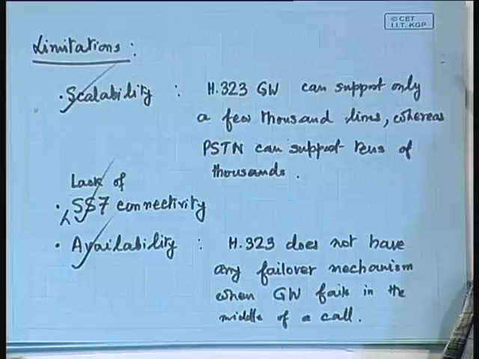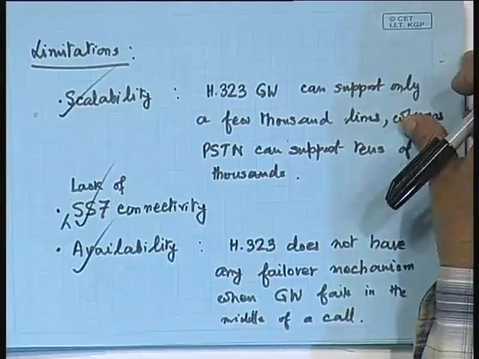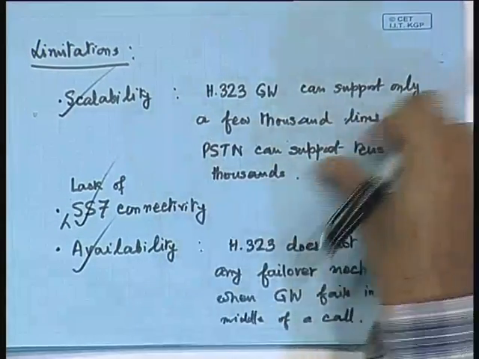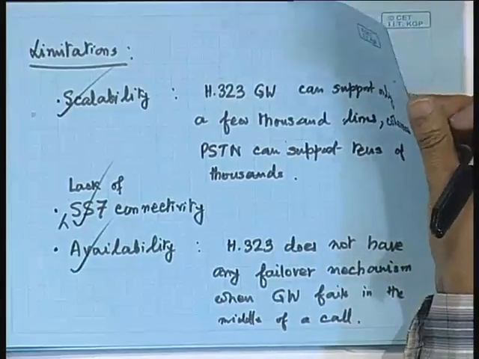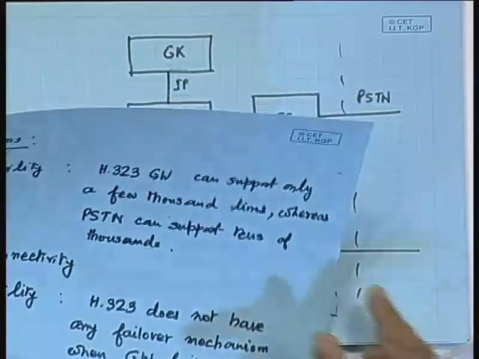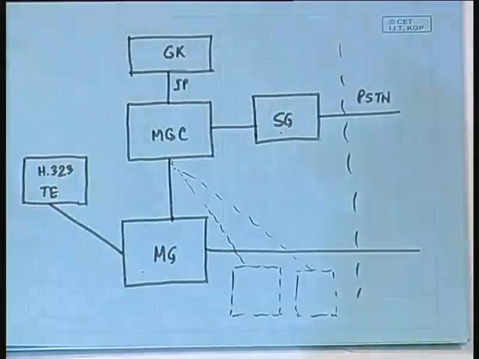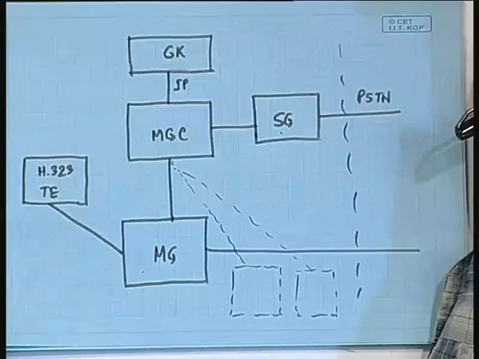Availability can be ensured by having multiple MGCs. And the fourth point is of course the user friendliness: if the SS7 connectivity is ensured, then even one stage dialing should also be possible with the SS7 connectivity support.